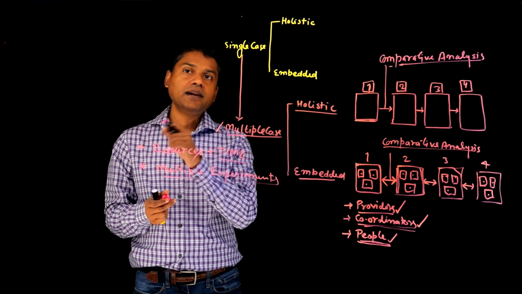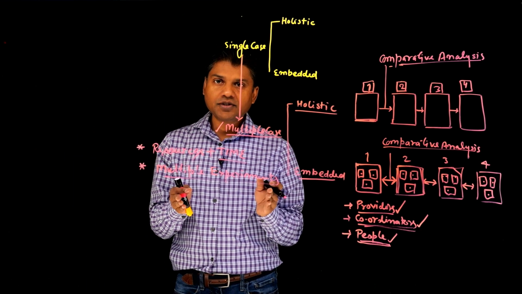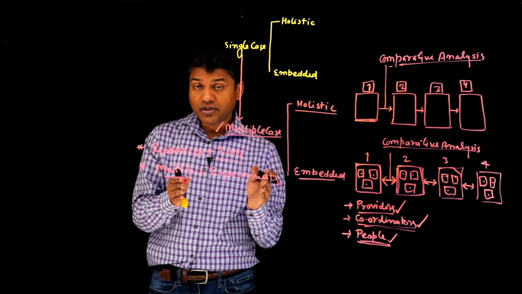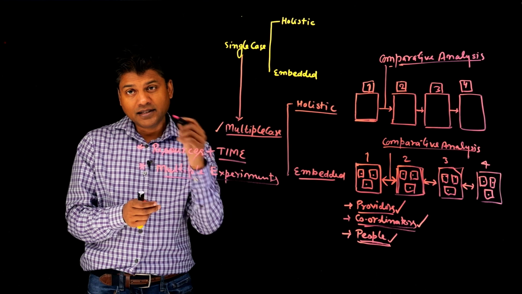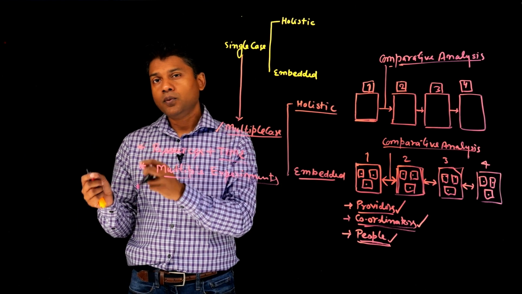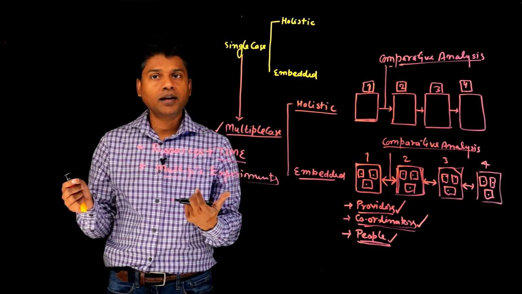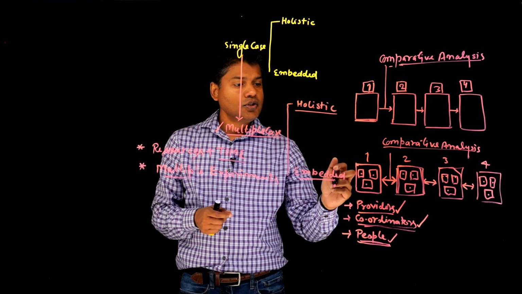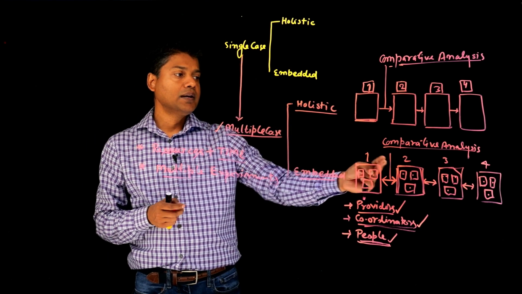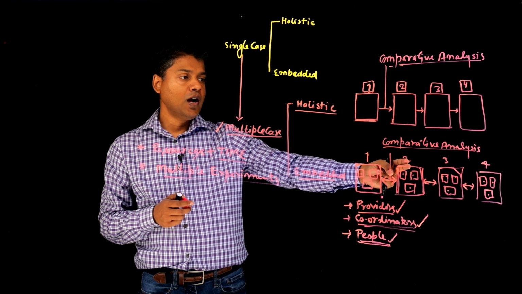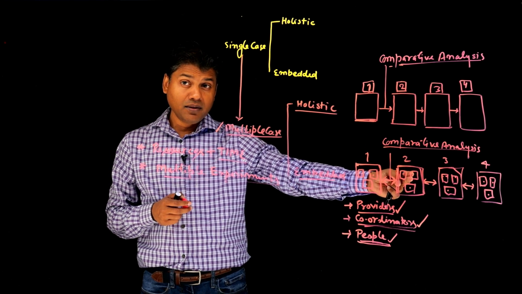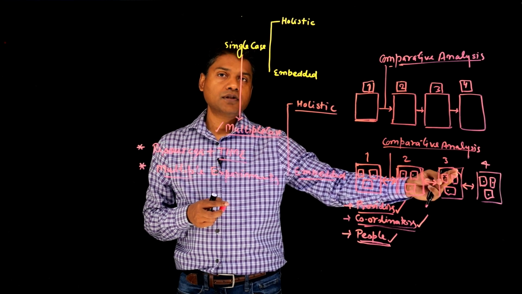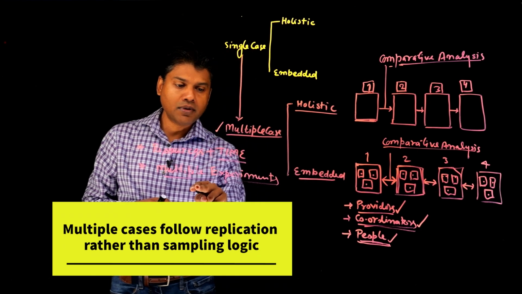And then you replicate the study, another experiment, and you are doing the same study, same experiment, and you are replicating and seeing whether you are getting the same finding or any differences. And then you do another experiment. So these multiple cases are not sampling, they are multiple replications of the study. And that is why we call it multiple experiments.